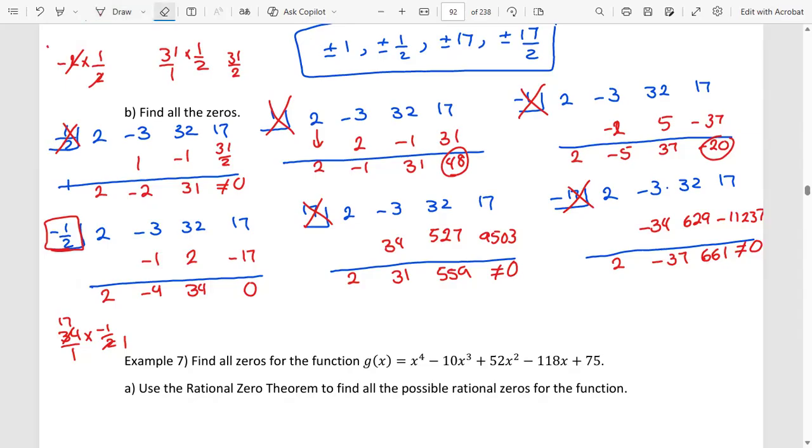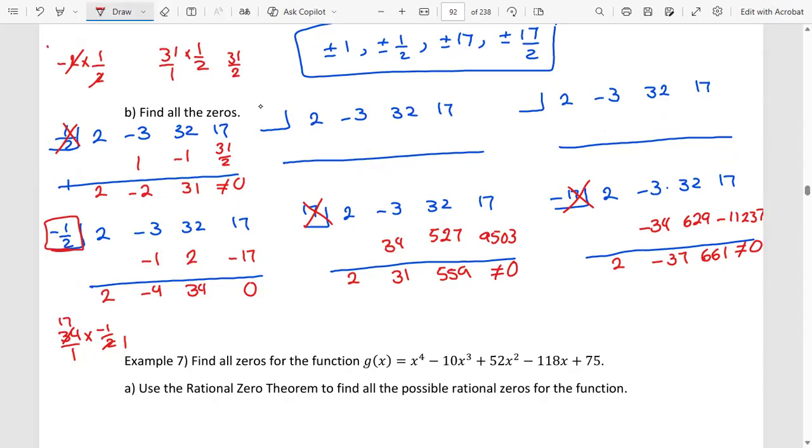So I'm going to erase these numbers here to try 17 over 2. Okay. So if I put 17 over 2 and negative 17 over 2, let's see what we get.